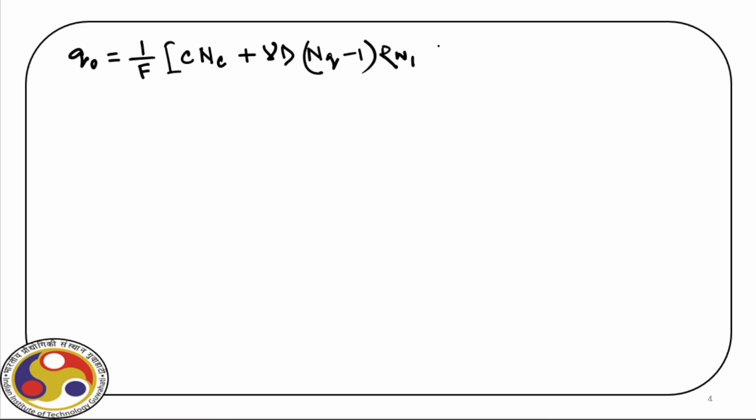Now, before we continue, let us see the safe bearing capacity at a particular site, which is Q0 = 1/F (C Nc + gamma D (Nq - 1) Rw1 + 0.5 gamma B N gamma Rw2 + gamma D).